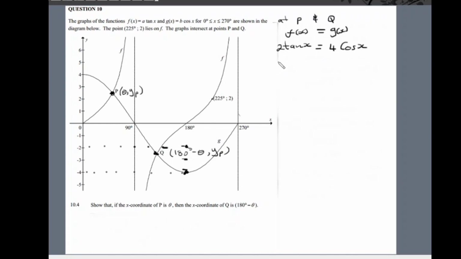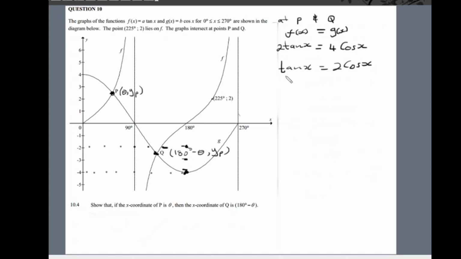So now we want to solve for x in this equation. Dividing both sides by 2, we'll have tan x is equal to 2 cos x.